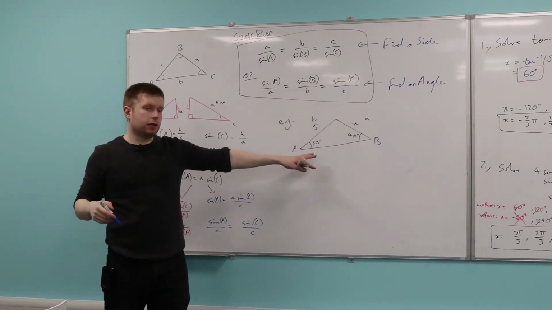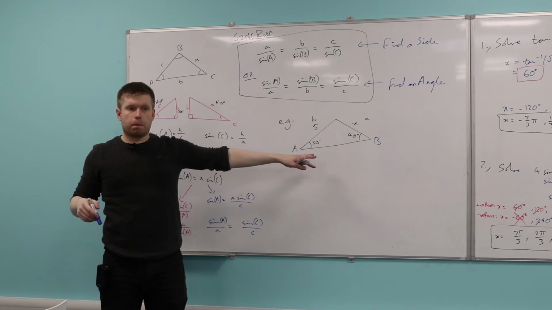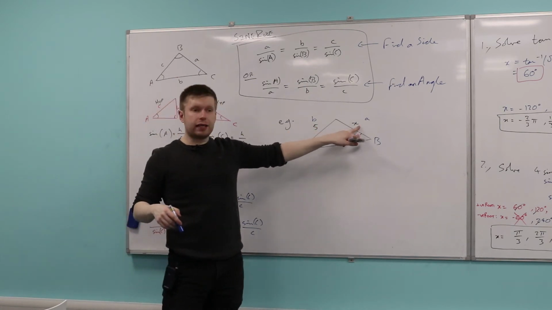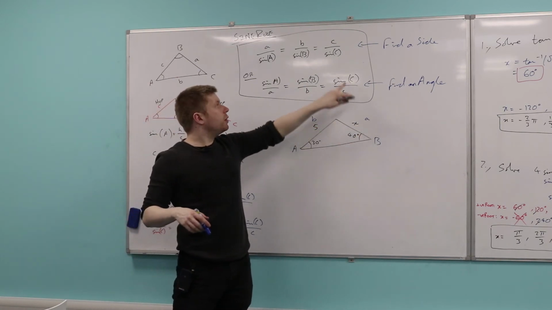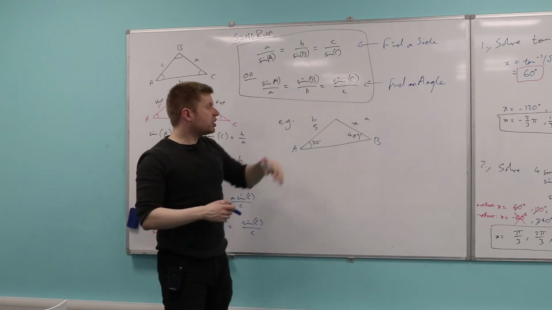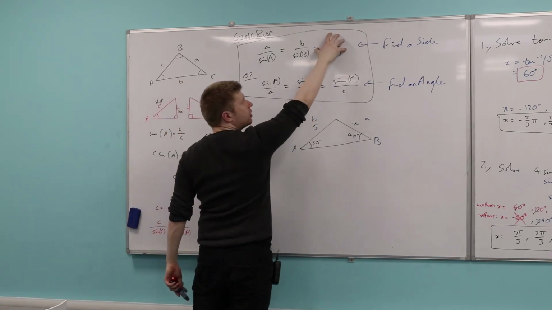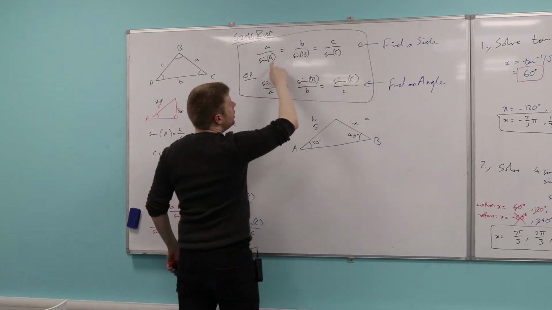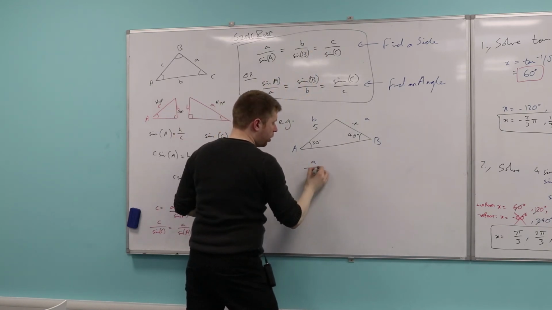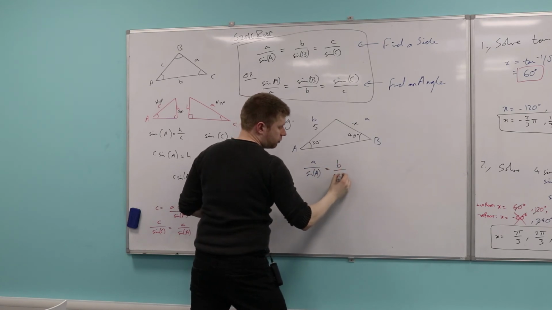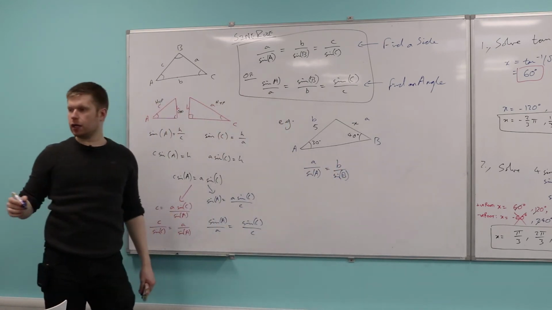So what do we want to find? A side, right? We want to find X, which is a side. So I'd advise using this one. Well, actually, because I've only got A's and B's, I can ignore the C over sine C. In which case I know that A over sine A has got to be equal to B over sine B. Does that make sense?